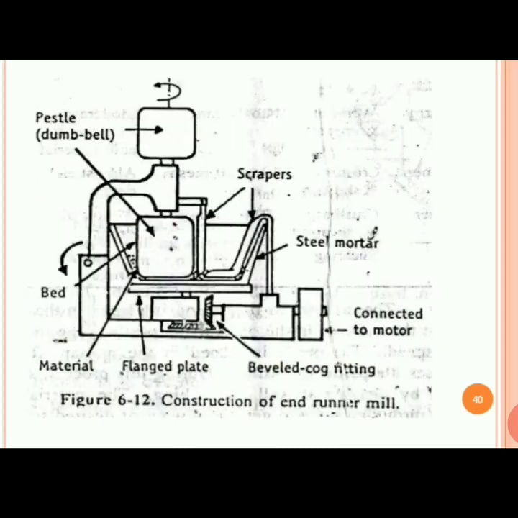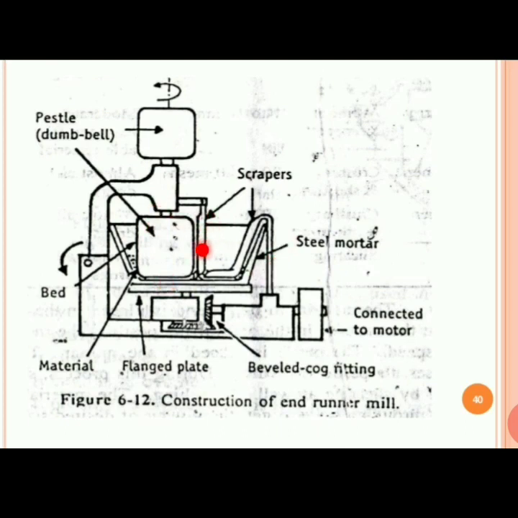Here what is the working? The material is placed inside this mortar. The mortar is rotated at high speed. The pestle is placed in the mortar with the scraper. After rotation of this mortar, the rotating mortar causes the revolution of the pestle.